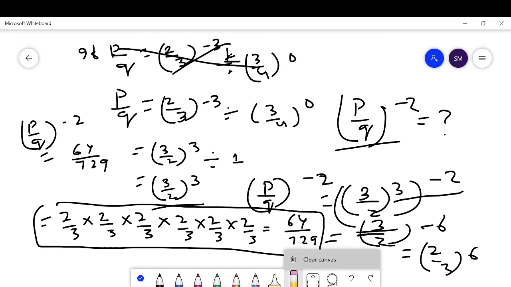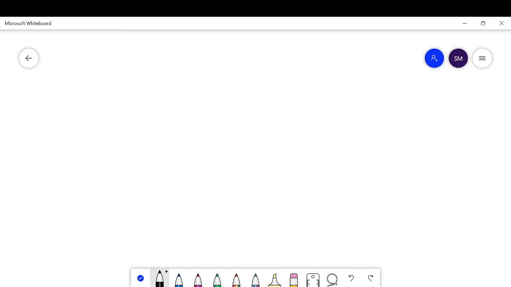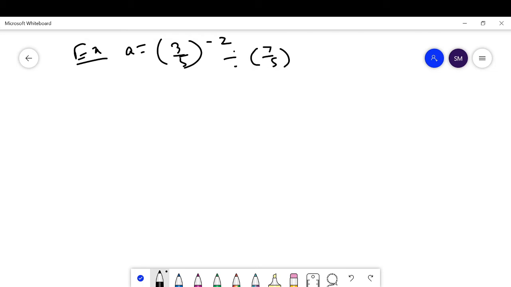Okay. Then solve some more questions. Another question is given here. If A equal to (3/5)^(-2) divided by (7/5)^0. Students, I have already told you, when you solve maths, be careful, be attentive.